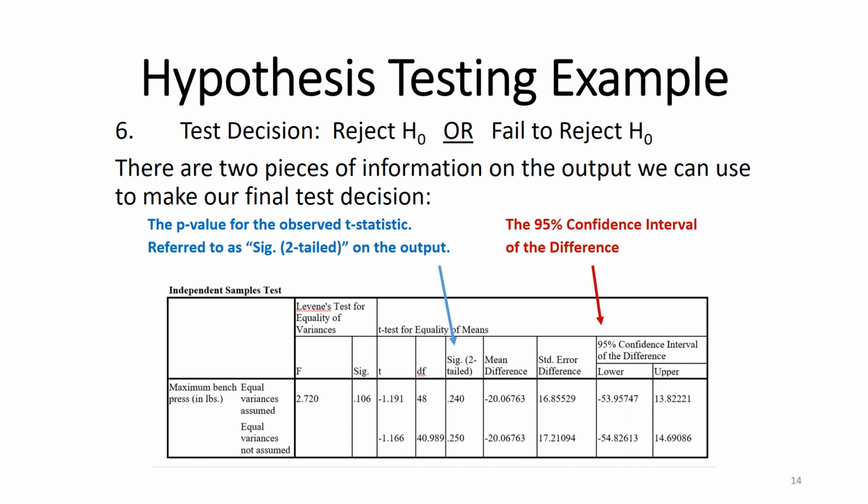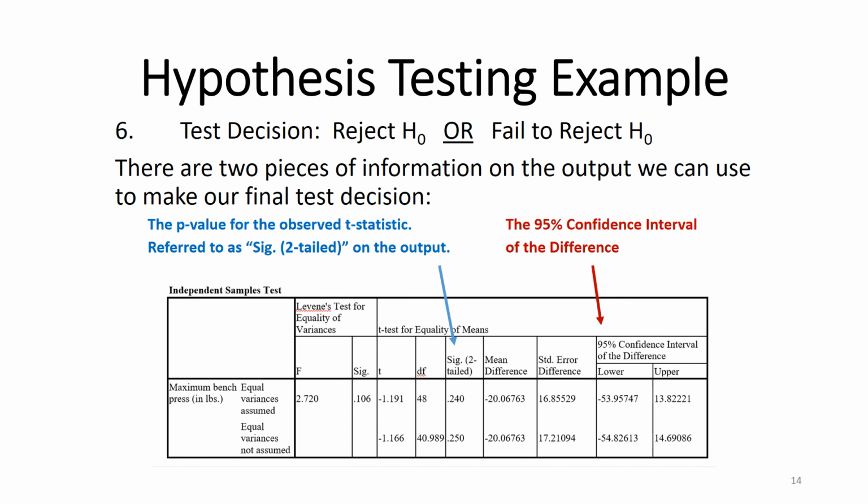The first is the p-value for the observed t-statistic, which, as you'll notice in the blue writing on this slide, is referred to as sig two-tailed on the output. Why does it say sig two-tailed? Because we're doing a two-tailed, non-directional test. So sig two-tailed is the p-value for the t-statistic.